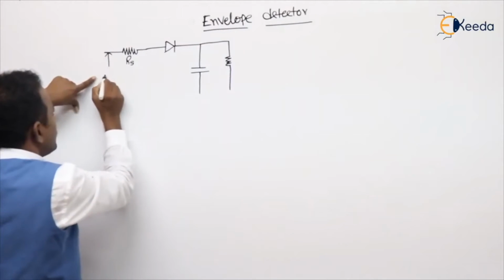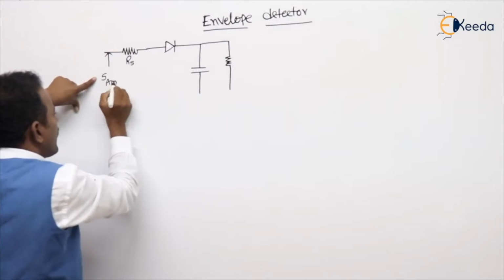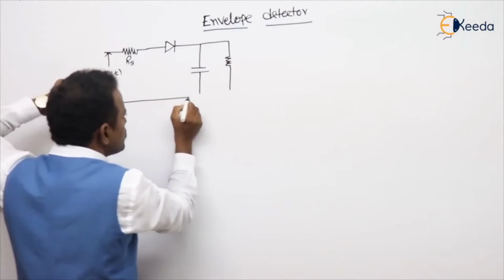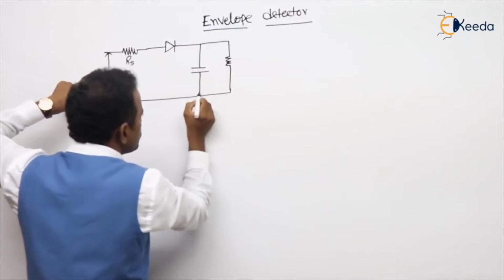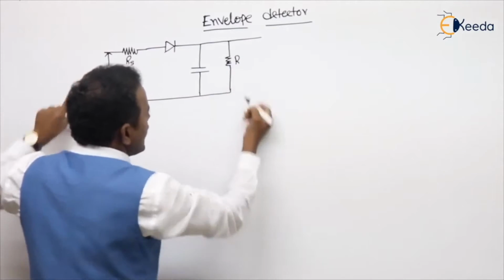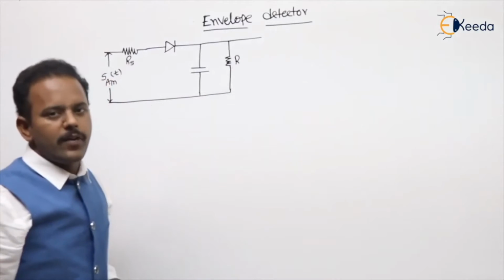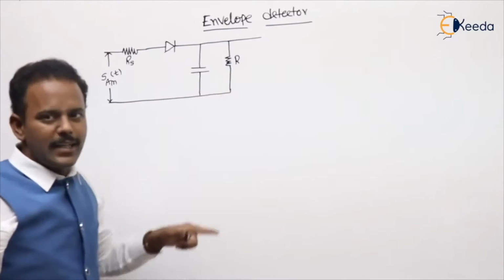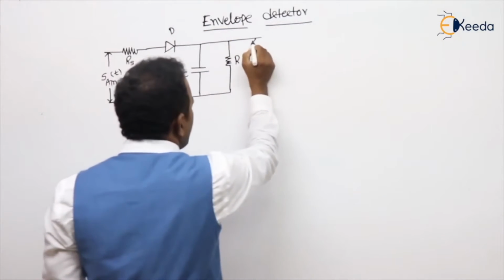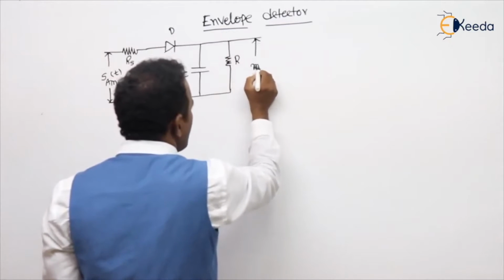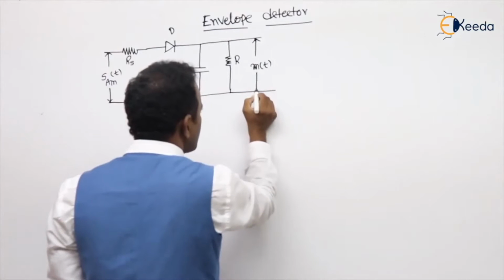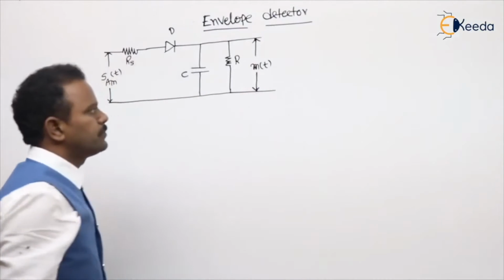And here we give the input. The input is our amplitude modulated signal. Across the load, I am taking it as R for ease of understanding, because if I write RL, RLC like that, it will get confusing. So the capacitance, diode. Here we are taking the output. What output are we expecting?